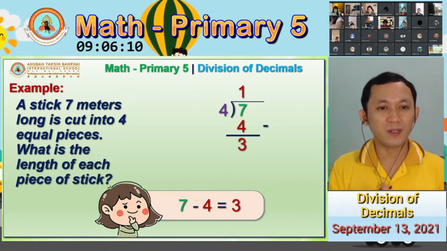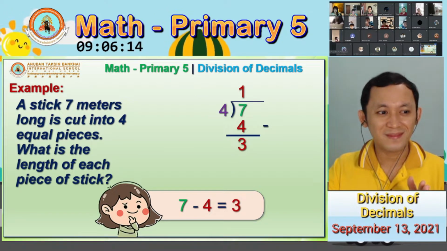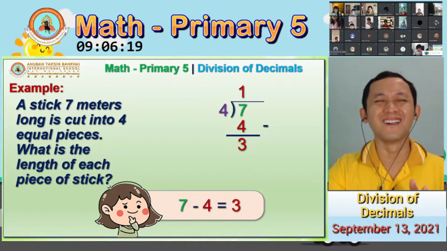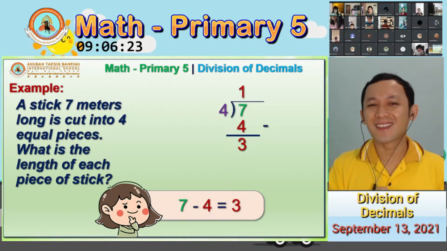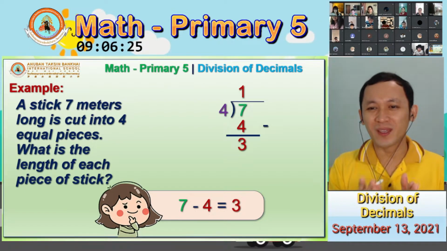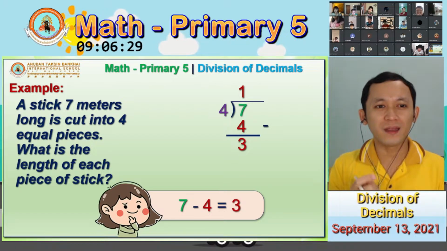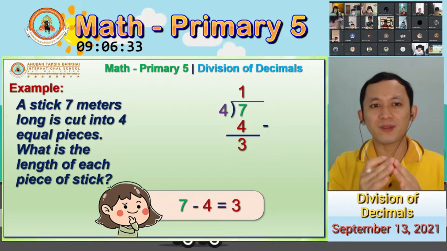Is this correct? 1 remainder 3. Is this correct? Okay, so again, if we are going to divide this normally, the answer is 1 remainder 3. But now we are talking about decimal.